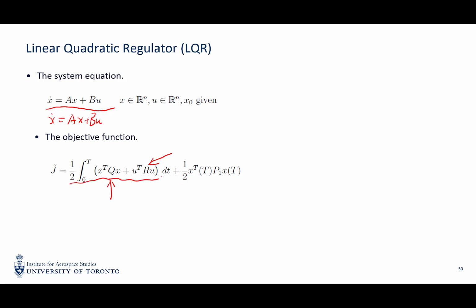This term is the cost during the flight. The Q matrix here denotes the error of the states. That's the performance. And R here denotes the weight of your control input, so it's like a control effort.